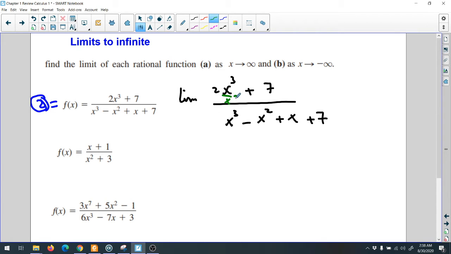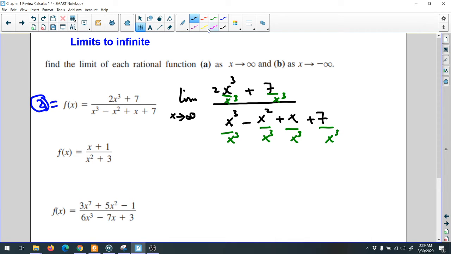Divide each term by x to the third, under the same limit, x approaches infinity. You could do the same when x approaches negative infinity.